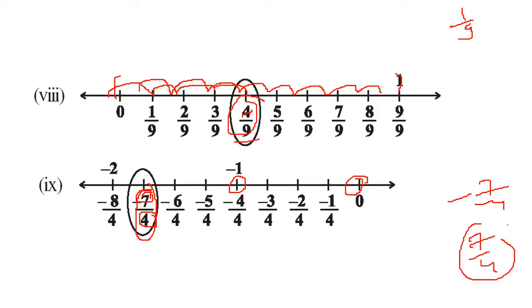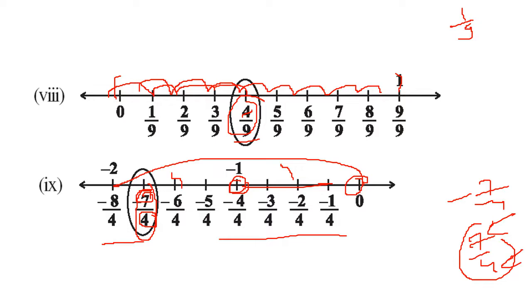Now in 7 by 4, the numerator is greater than the denominator. So we have to go left, and because it is greater than the denominator, we have to partition it more. So from 0 to 2, we'll partition it 8 times. These are 8 partitions, and this has to be 4, this has to be 4. We take this 7 by 4 partition. Okay.